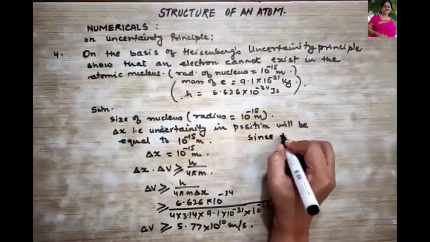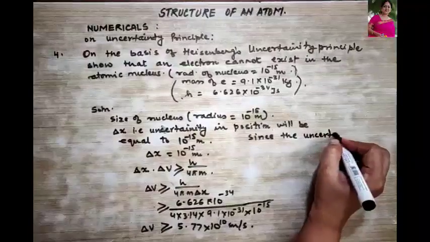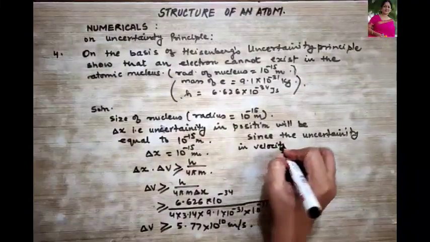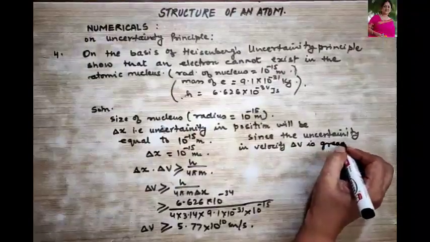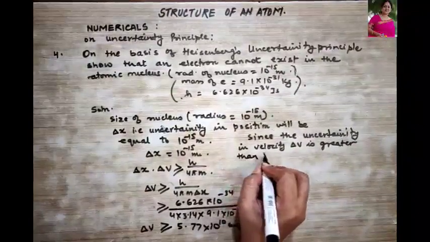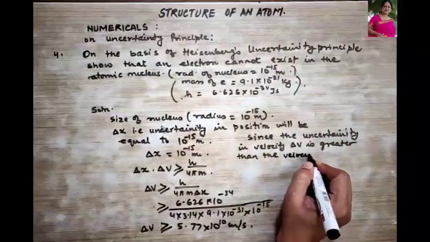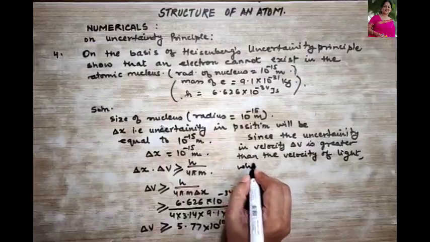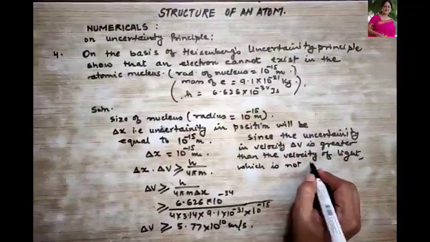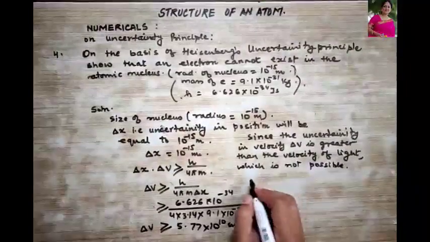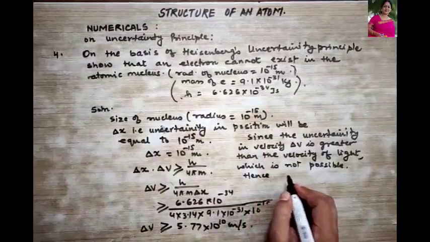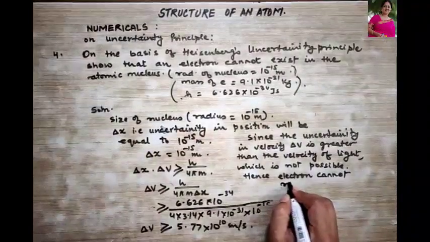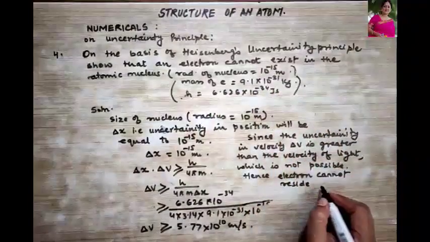So, since the uncertainty in velocity delta v is greater than the velocity of light, okay, which is not possible, hence electron cannot reside where?